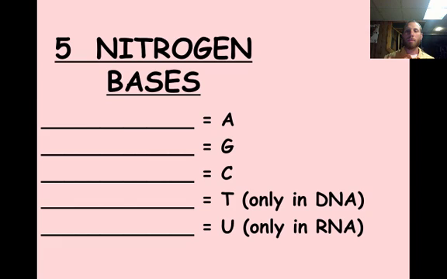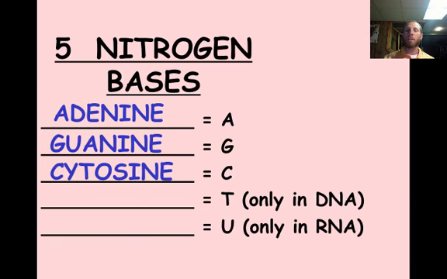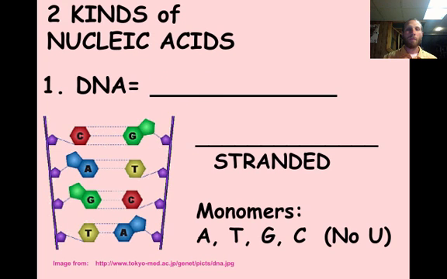There are 5 nitrogen bases: adenine, guanine, and cytosine, which are found in every nucleic acid. Thymine is only found in DNA, whereas uracil is only found in RNA. We will learn a lot more about these, their pairing relationships, and how they affect our traits later in the school year.